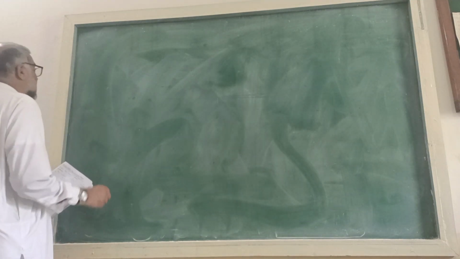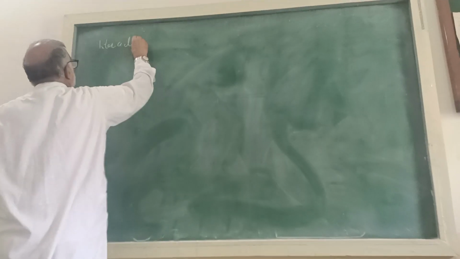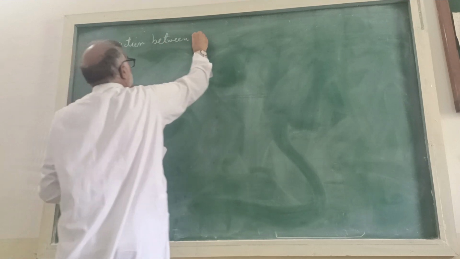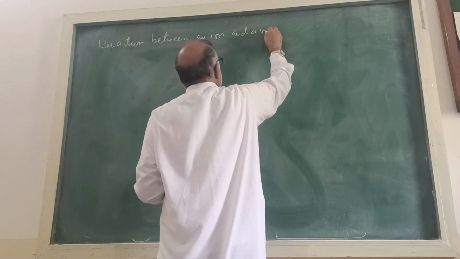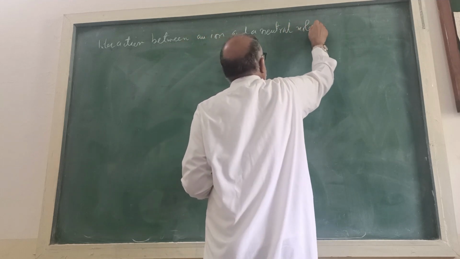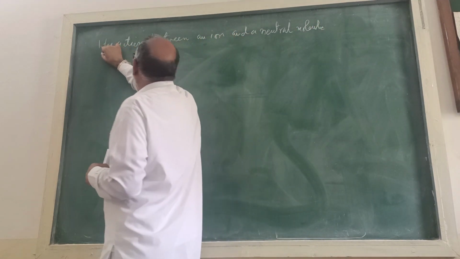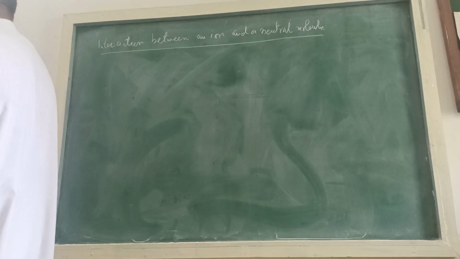We will find the interactions between an ion and a neutral molecule. Neutral molecule means uncharged.